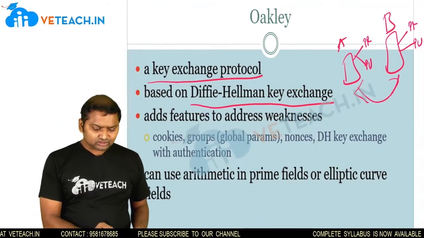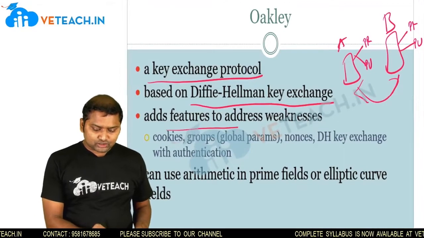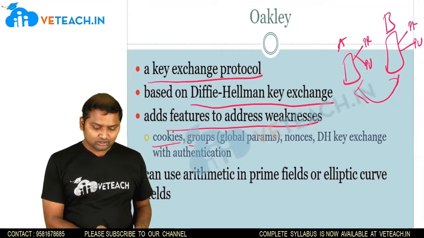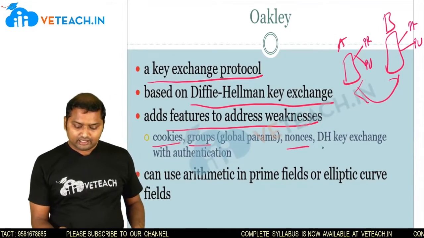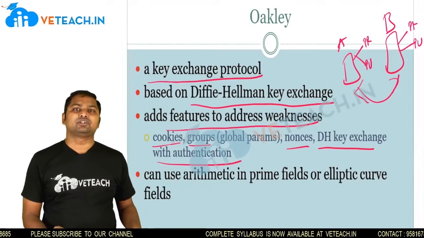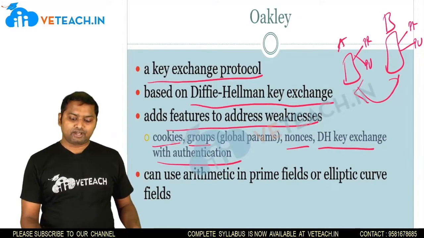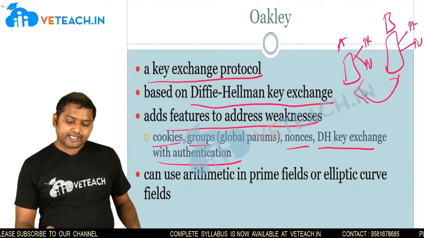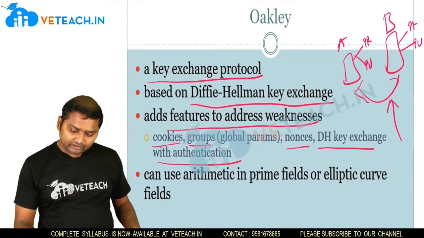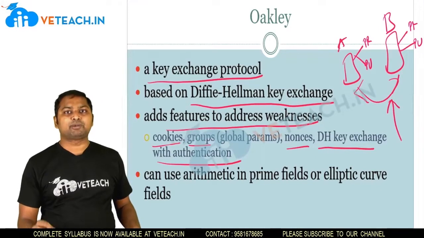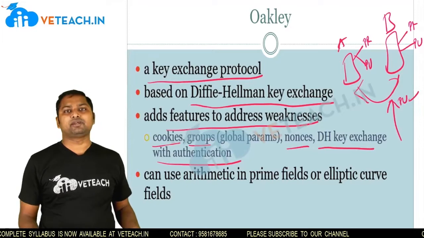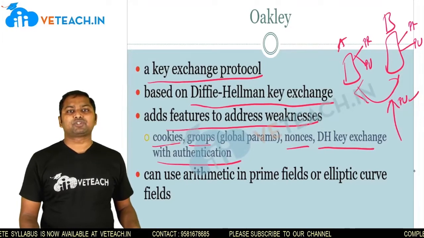Now, what are the features to address the weaknesses? Cookies, groups, nonces, and the Diffie-Hellman key exchange with authentication. All these address the weaknesses. During the key exchange process, sometimes the attacker may attack the private key or public key. Most probably they attack the public key because the private key is more secure.